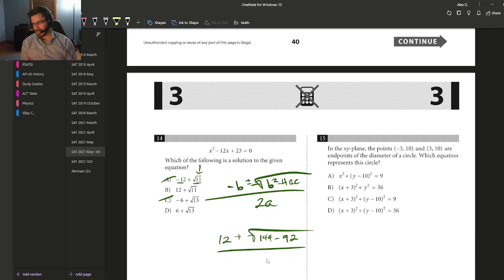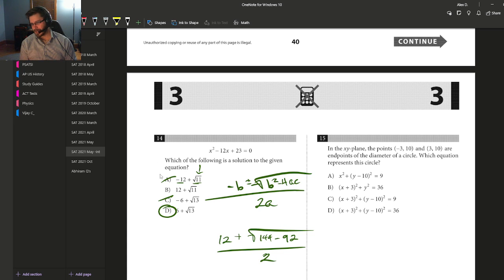So divided by 2a just divides by 2, and because it's divided by 2 and there are no denominators on this, we can safely assume that it's 6, because 12 over 2 is going to reduce, and I can pretty darn safely assume that whatever this is going to reduce to root 13. Don't actually do the math if you don't have to. Only do as much as is necessary to get to the answer.